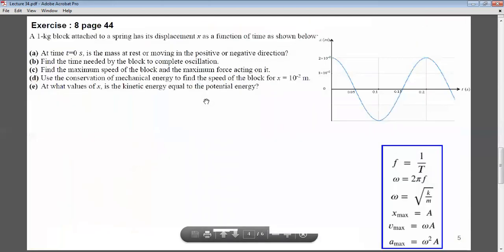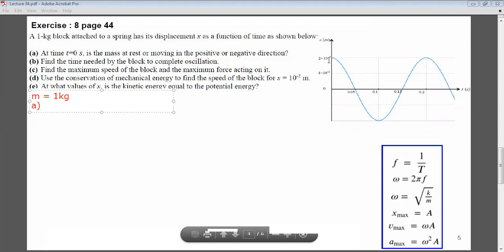Let's solve this exercise. It's exercise 8, page 44. A 1 kilogram block, so I have the mass equal 1 kilogram, is attached to a spring that has its displacement x as a function of time as shown in the adjacent figure. At time equal to zero, is the mass at rest, moving to the positive, or moving to the negative?